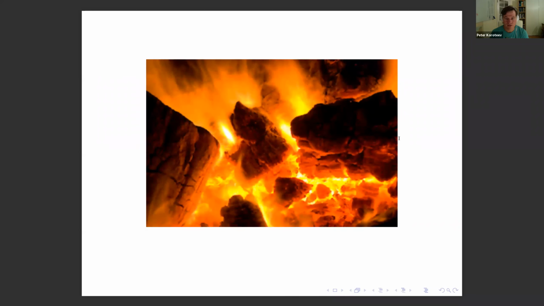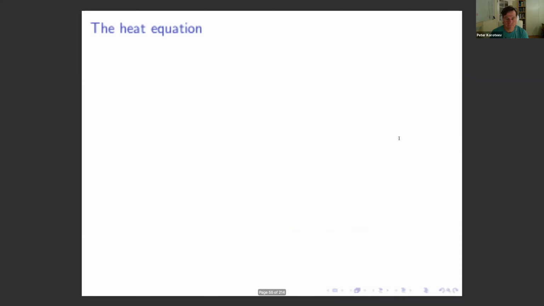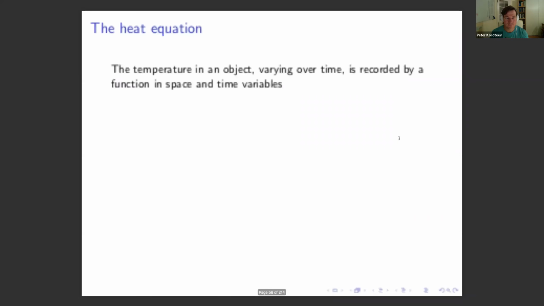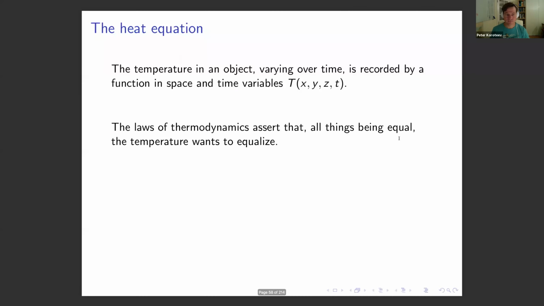Now let's talk about fire and heat. The heat equation. The temperature in an object can vary over time, and it can be recorded as a function in space and time variables. So say you have a temperature distribution function T in a three-dimensional space with coordinates x, y, and z, and as a function of time t.